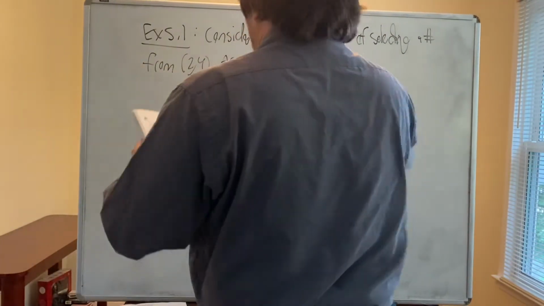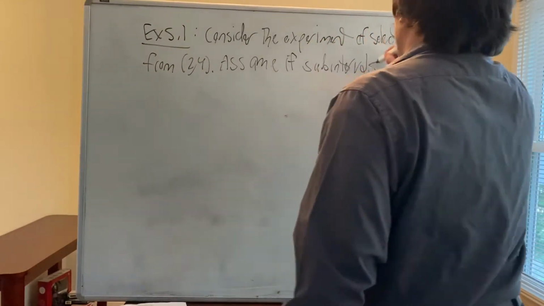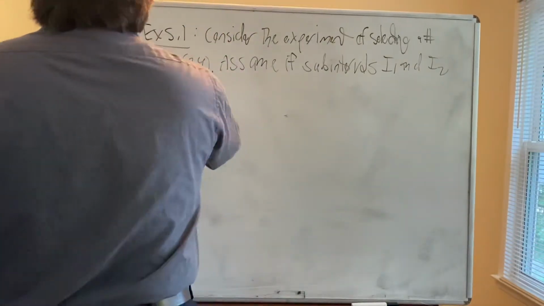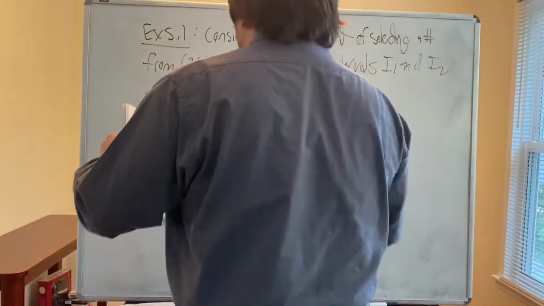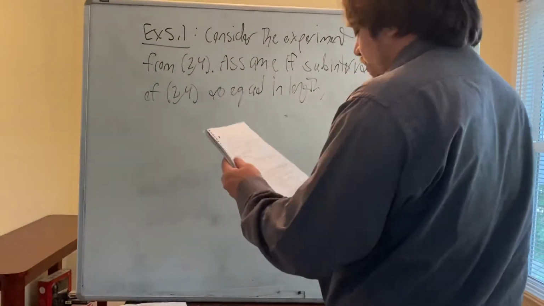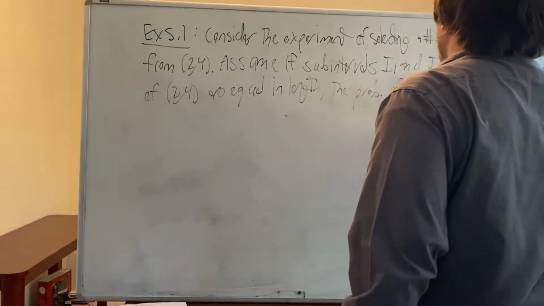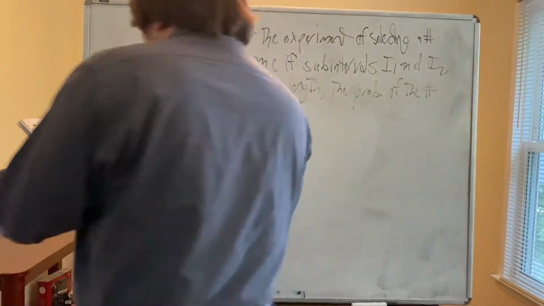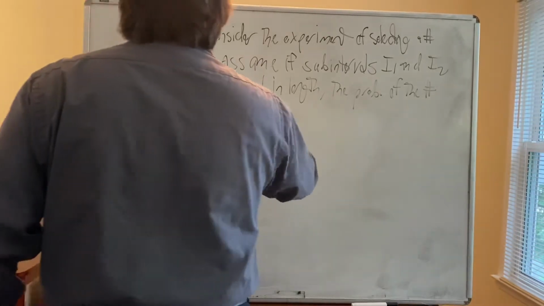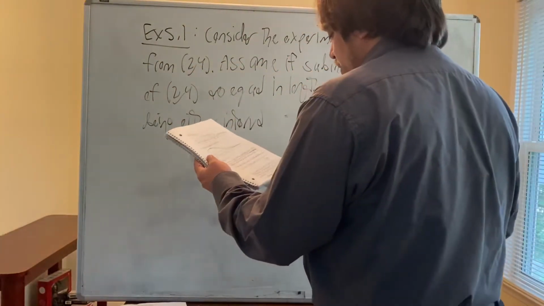Assume if subintervals I sub 1 and I sub 2 of (2, 4) are equal in length, the probability of the number being in either interval is the same.